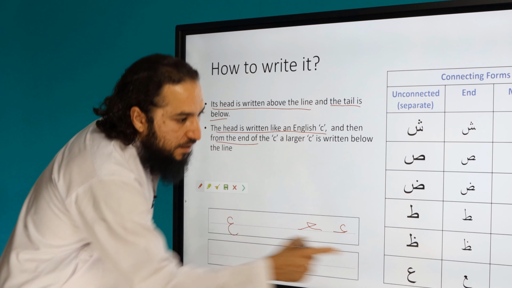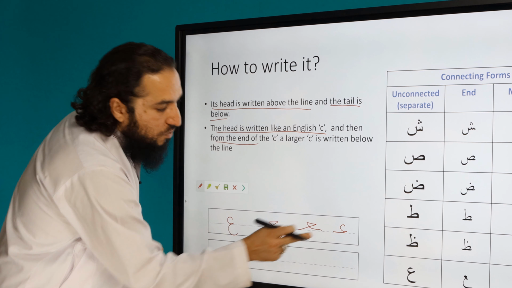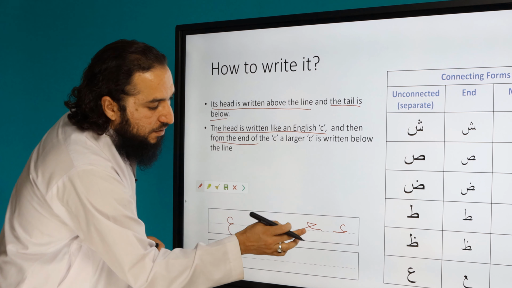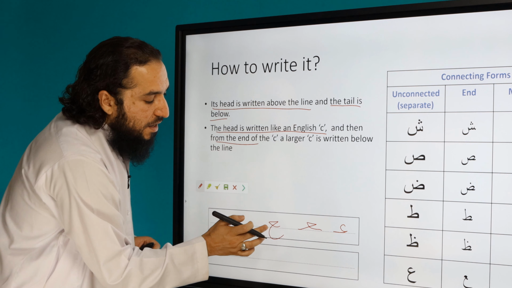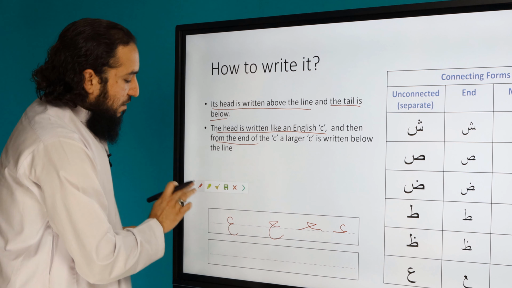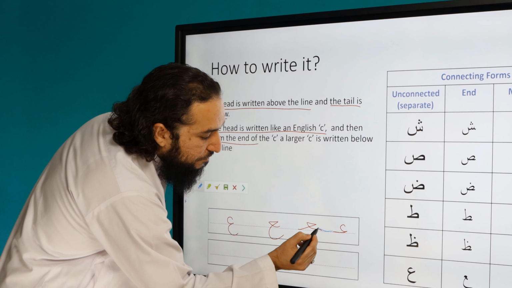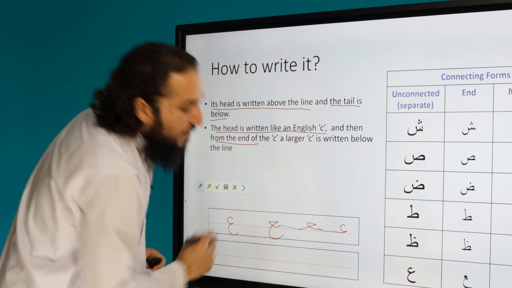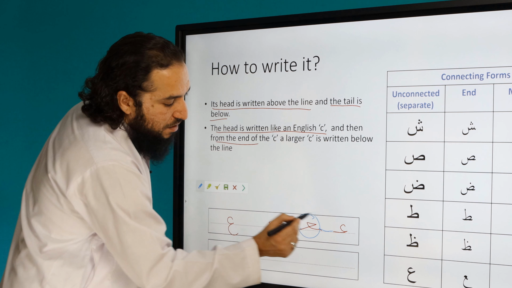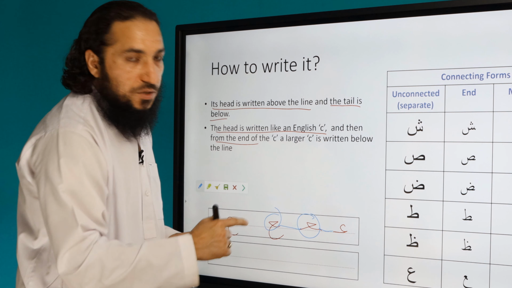And at the end it should look like this. So in the beginning it stays on the line, in the middle it stays on the line, and at the end the top part stays on the line and the bottom under the line, and you can connect them. You should remember all this in future, because you will see another letter similar to it.